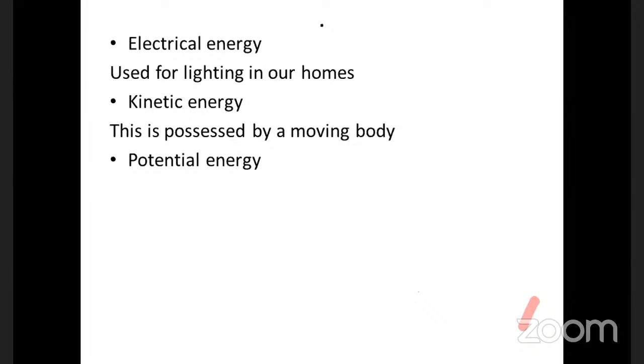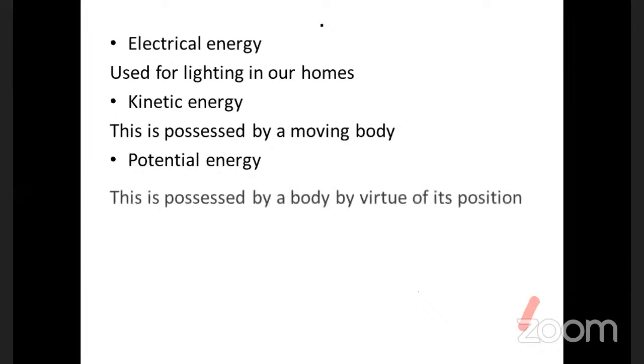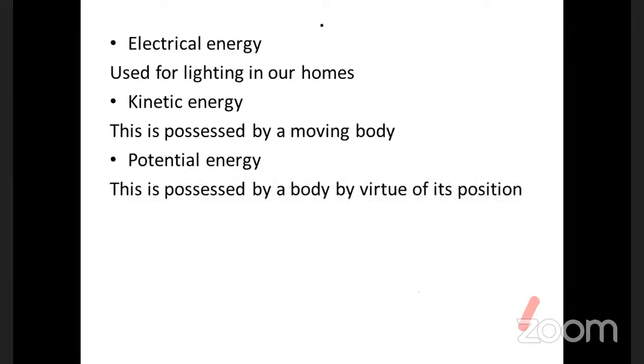Aquilina says it's energy possessed by a body at rest. Another says it is the energy stored in forcefully interacting physical entities. Those are some of the responses from the chat. Now let us simplify the answer. I want Hope to read this for us.